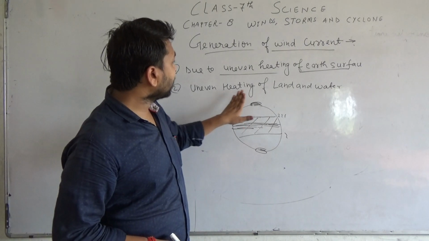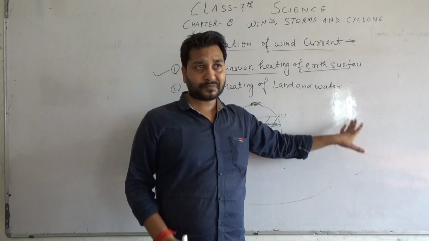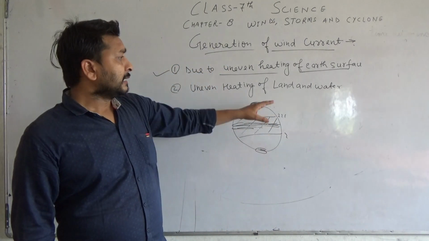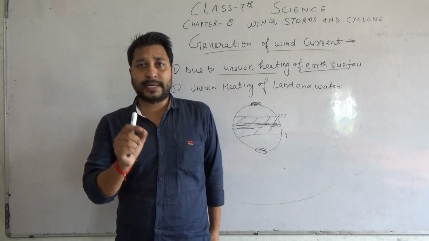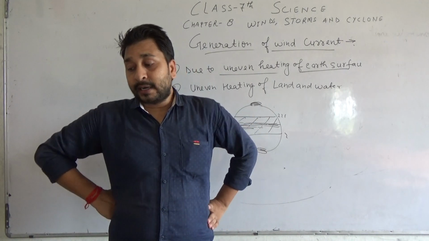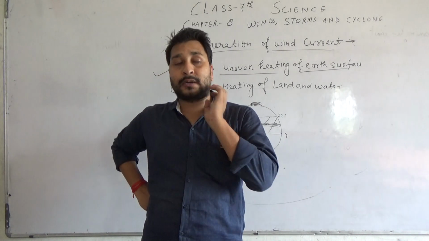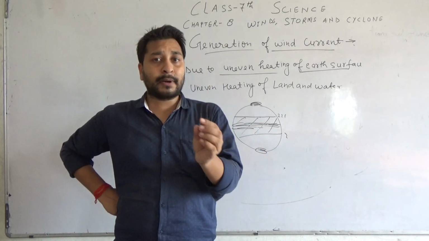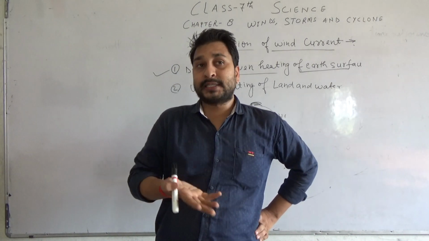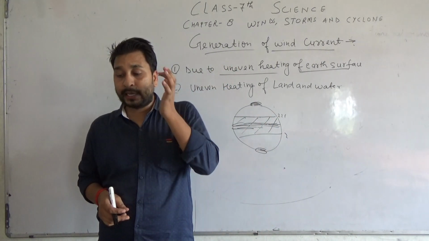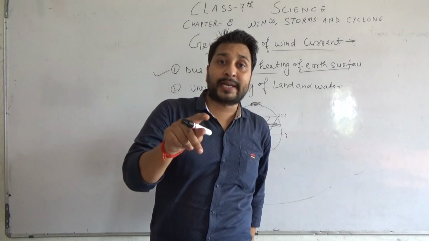Next is uneven heating of land and water. What happened in summer? If we take the summer, near the equator, the land warms up faster. And moreover, the temperature is higher in comparison to water.